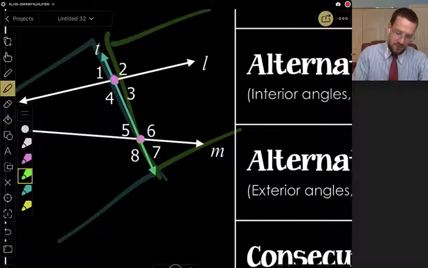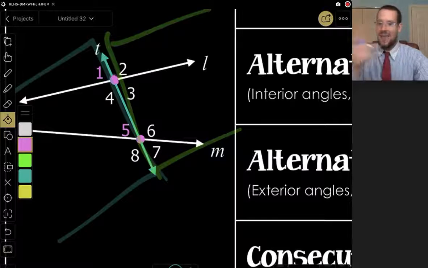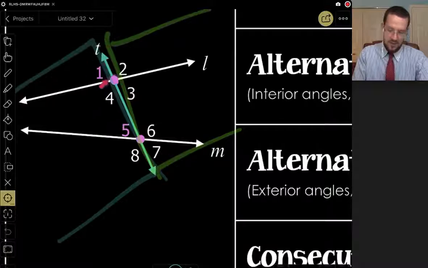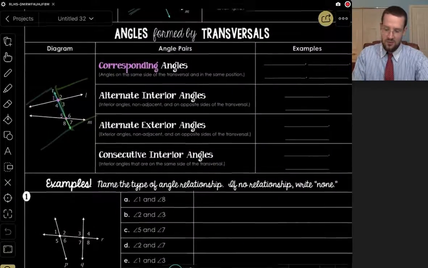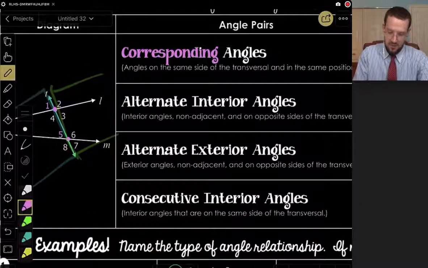So check this out. Here, number 1 is top left on that side. Number 5 is also top left, so same position. These are corresponding angles. So which ones? Corresponding angles: we have angle 1 and angle 5.